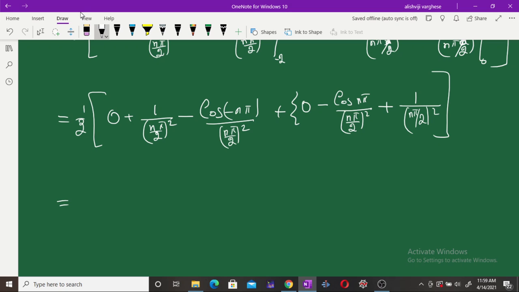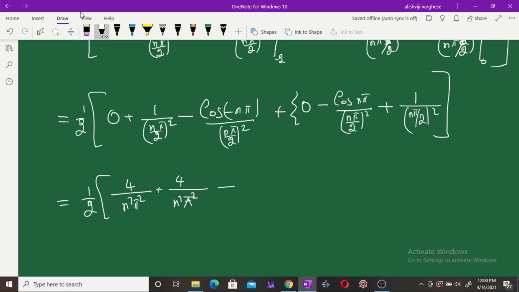Here 1 by n pi square, so it is 1 by 2 into 2 square is 4 divided by n square pi square, and this term is also 1 by (n square pi square by 4), so it is plus 4 times 4 by n square pi square, both are positive terms.